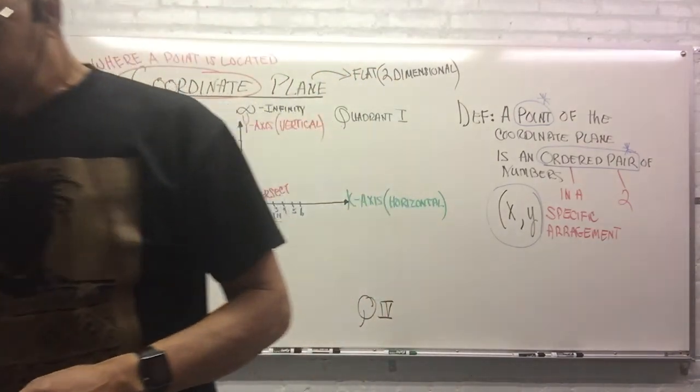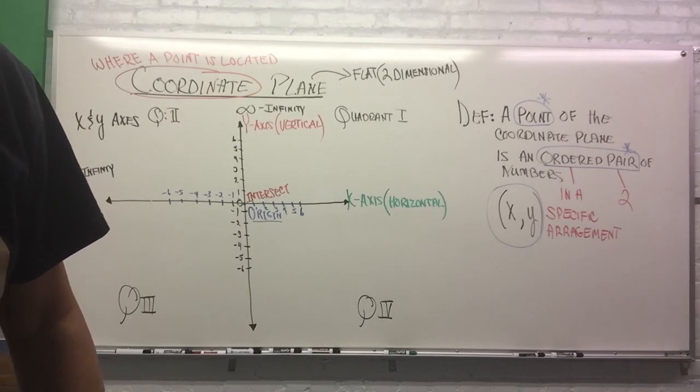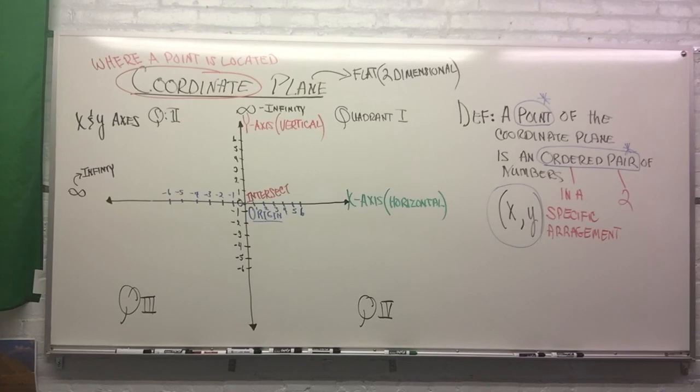Partly because we tend to do things in math in alphabetical order. So since x comes before y in the alphabet, we customarily, and it's become the standard way of doing it, we write the x first.